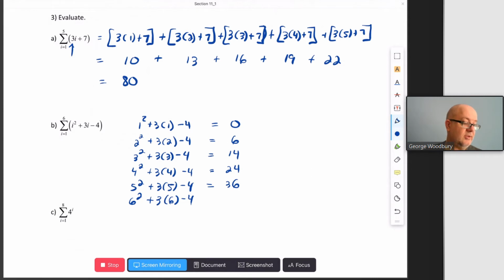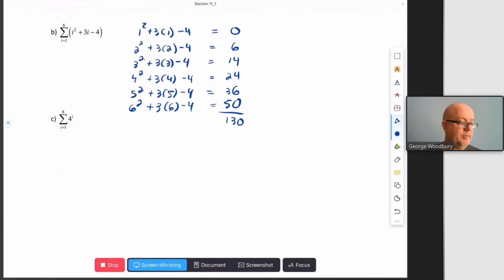And 36 plus 18 minus 4, that is 50. Then all we have to do is find the total of that column of numbers. That is 130. So this sum is 130.